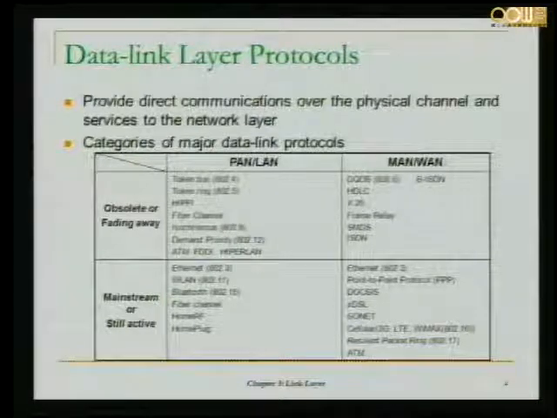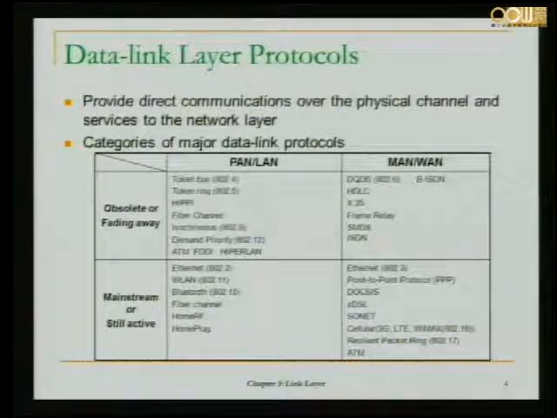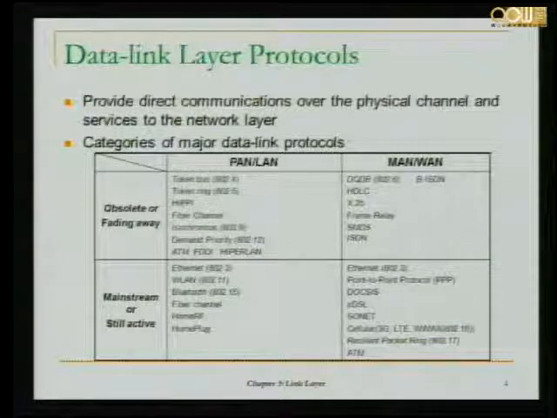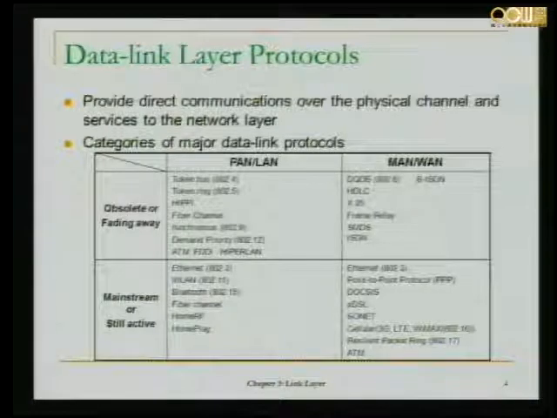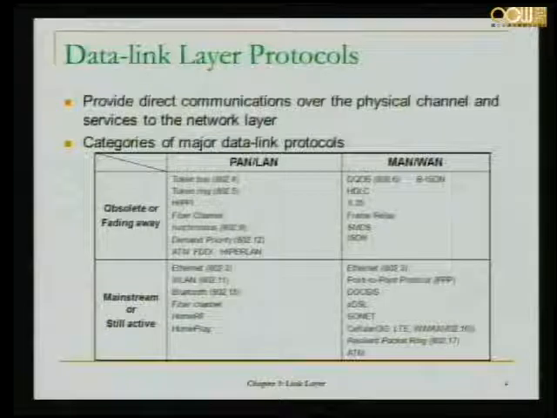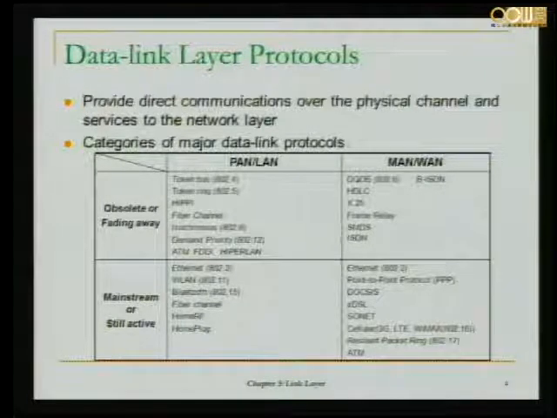And the 2 rows: the first row is on obsolete or fading away links, the links that used to be popular, but later on faded away. And the second row is on the mainstream, or they might not be mainstream but still active now.